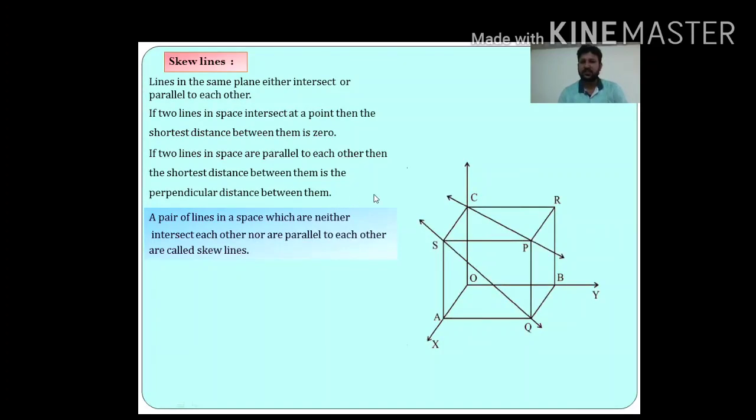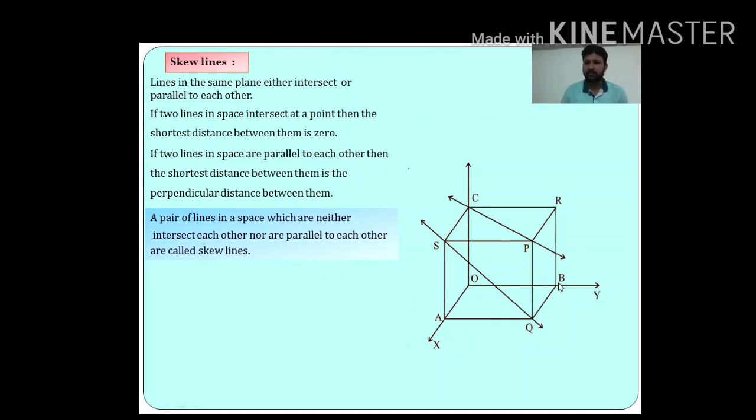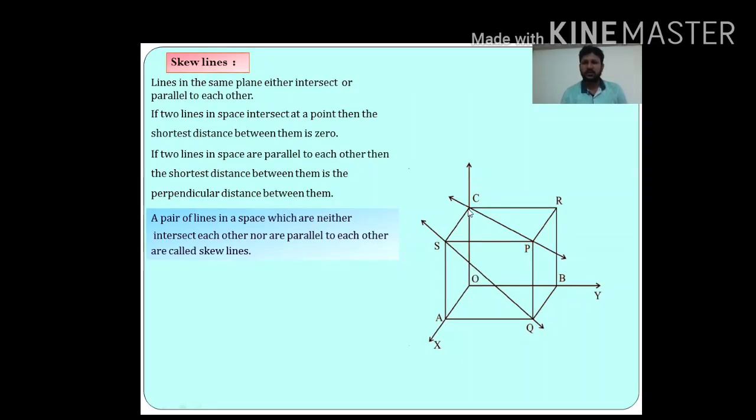Consider a coordinate system, a three-dimensional geometry figure. Check here. The planes are: first, A, Q, P, S as one plane; next, O, S, R, B as a second plane; next, P, Q, B, R as a third plane; and one more, plane A, O, C, S. In these planes, observe there are two lines.